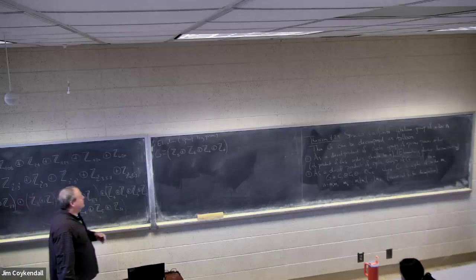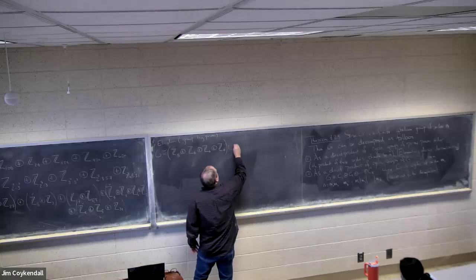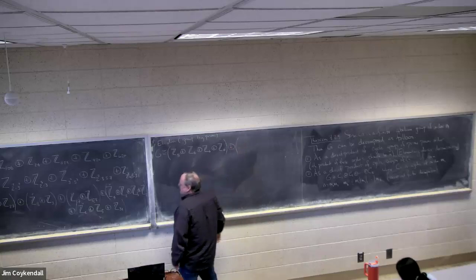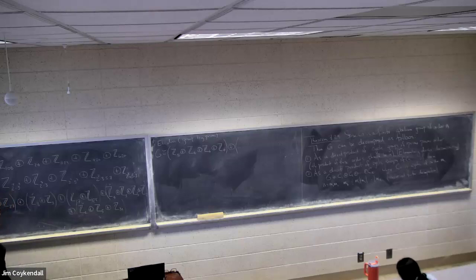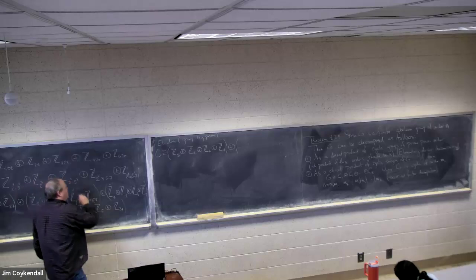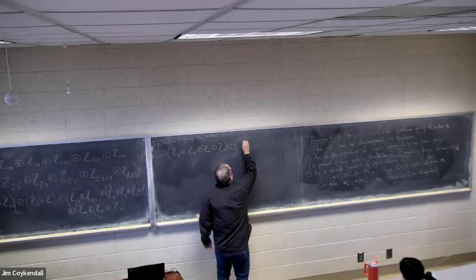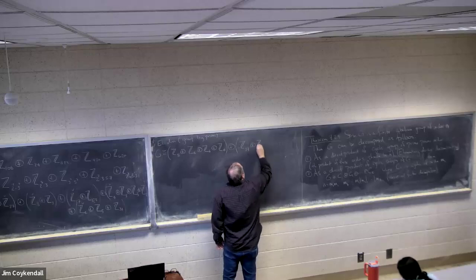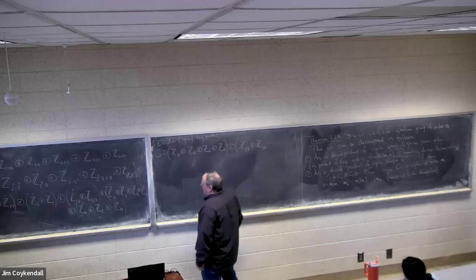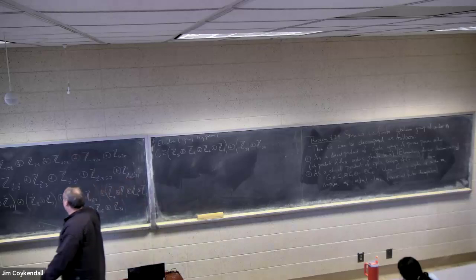Next prime, 3. See what I've got here. What's the biggest power of 3 I've got? 27, it looks like. And how many do I have? I've got 1, 2. What else do I have?